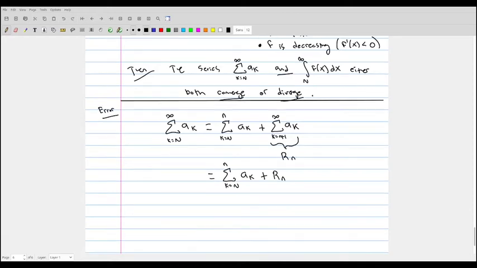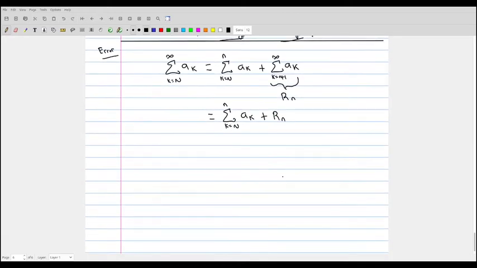One of the things that we can do when we go through and actually prove the integral test is that we can prove that the remainder term Rn will always be bounded above and bounded below. It's bounded above by the improper integral from n to infinity of f of x, and it's bounded below by the improper integral from n plus 1 to infinity of f of x dx.